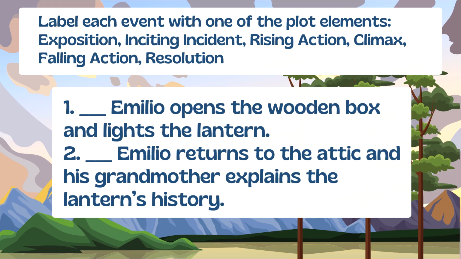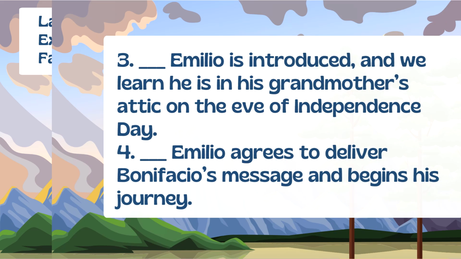Label each event with one of the plot elements: exposition, inciting incident, rising action, climax, falling action, resolution. We are now reviewing the plot. 1. Emilio opens the wooden box and lights the lantern. 2. Emilio returns to the attic and his grandmother explains the lantern's history. 3.